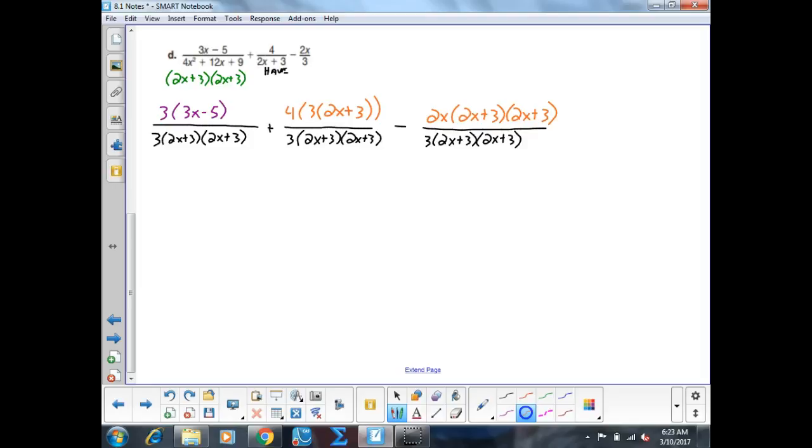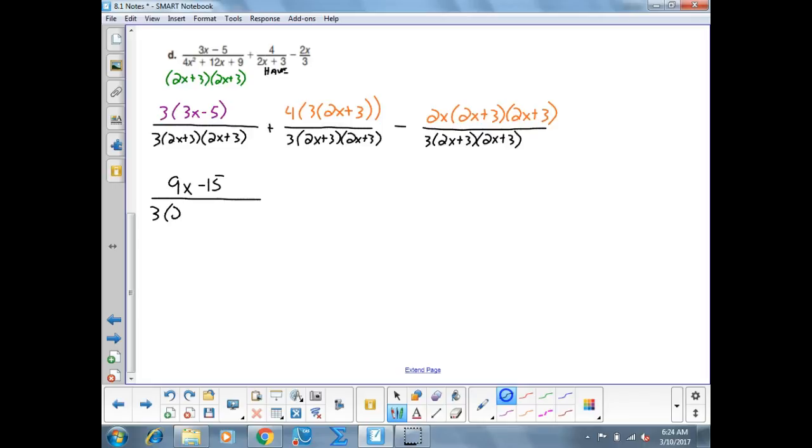Okay. So my first numerator is going to be 9x minus 15. My second numerator is going to be, these two multiplied together is 12. 12 times 2 is 24x. 12 times 3 is plus 36.